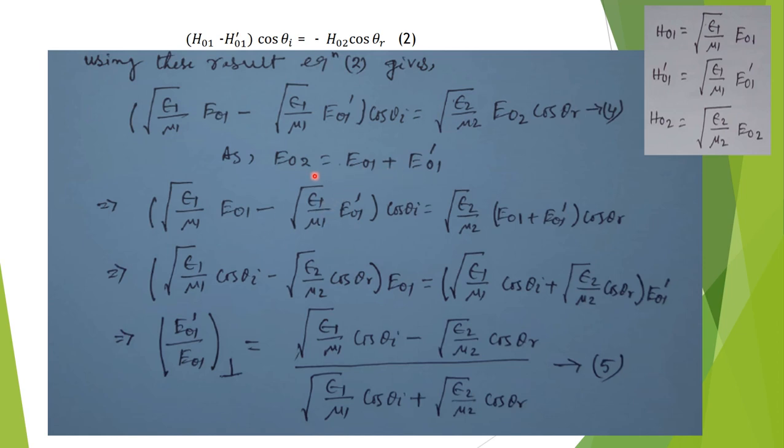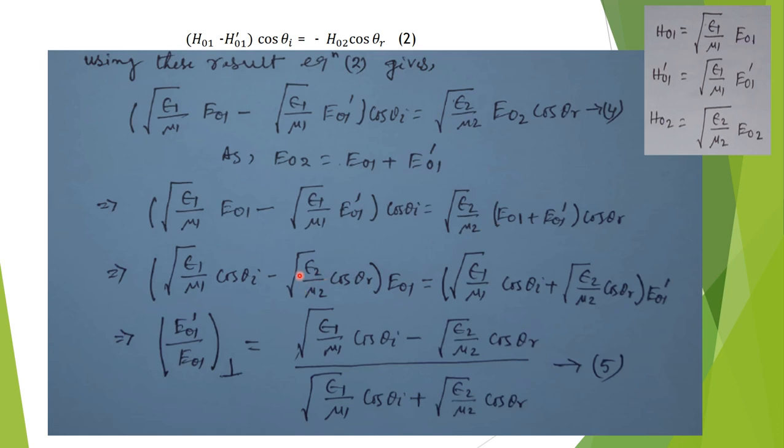Substitute E02 in this equation: root epsilon 1 mu1 E01 minus root epsilon 1 mu1 e dash 01 cos theta is equal to, that is E02 is equal to E01 plus e dash 01, root epsilon 2 mu2 (E01 plus e dash 01) cos theta.